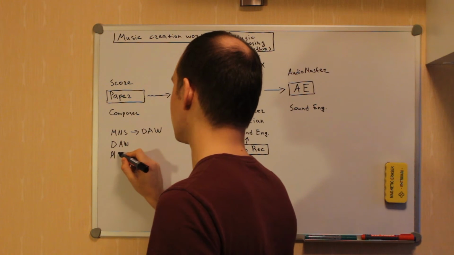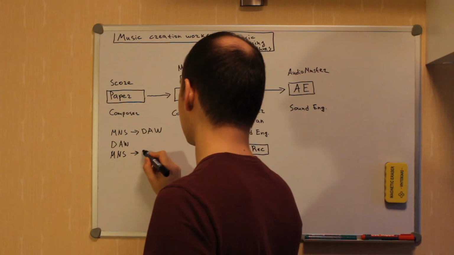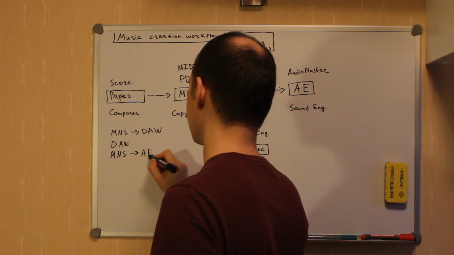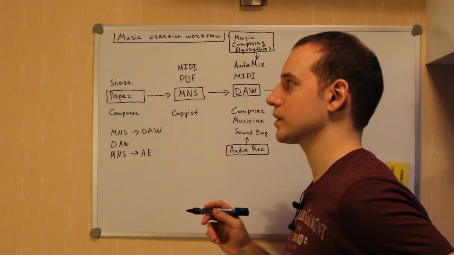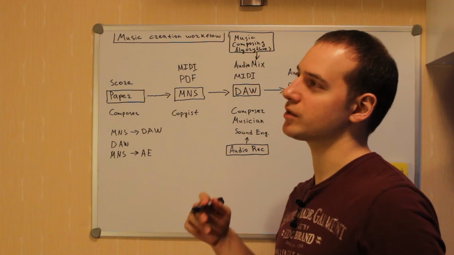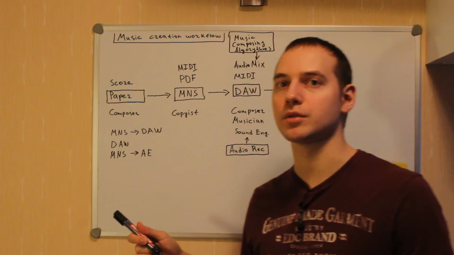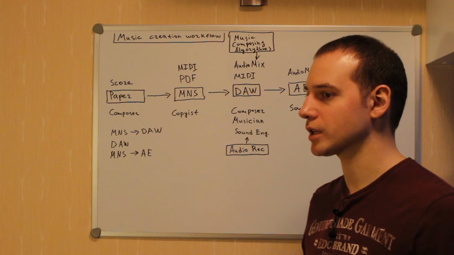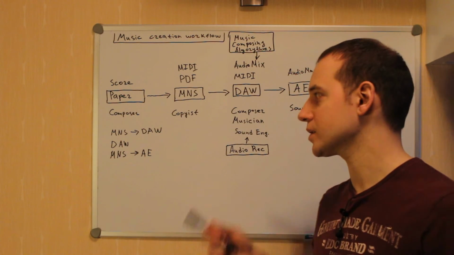There can be just the music notation software and then some audio editing application, because usually music notation software does not allow, or it is not so convenient in music notation software, to edit the music, to master it, to control dynamics, equalize, and so on.